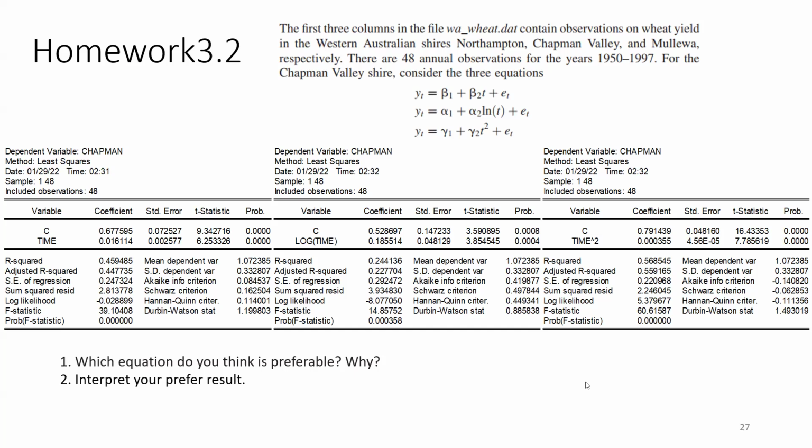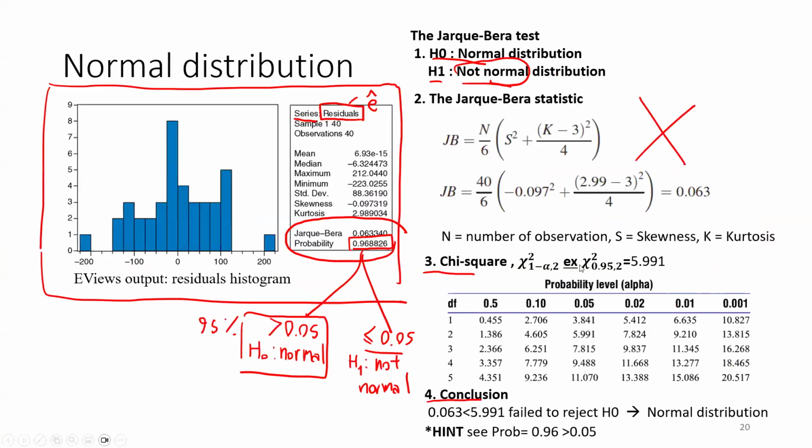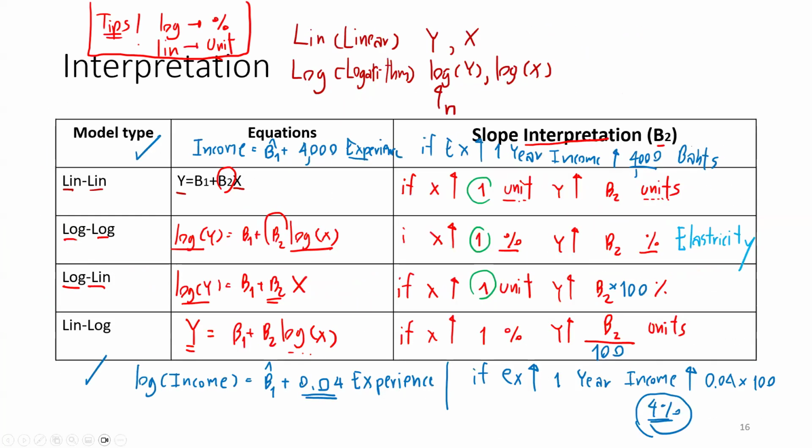Which one do you choose between the 3 models? And help me to interpret the result. What does it mean? So you may use this one to help you interpret the model correctly, right? If you prefer log-linear, then interpret it as log-linear, something like that.